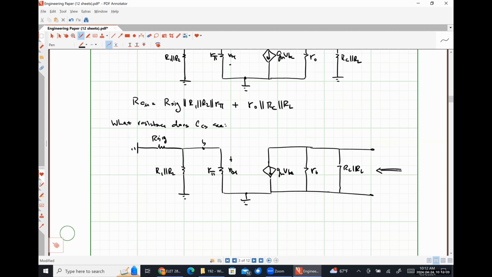So looking in through the terminals of CCS with C pi and C mu open circuited, what do we see? Yep, absolutely.